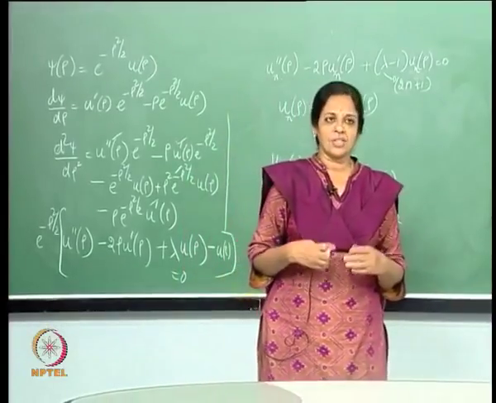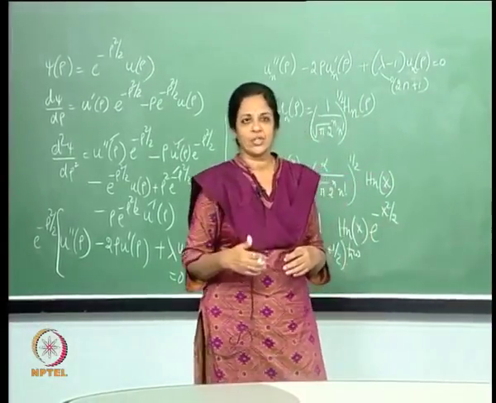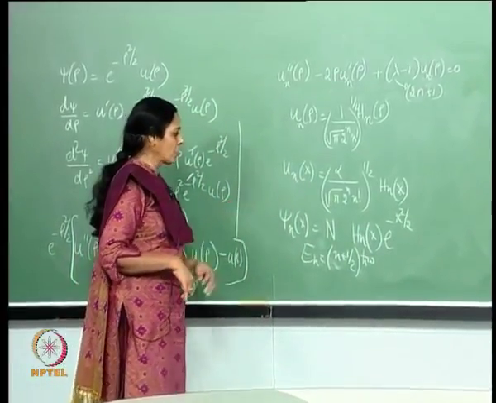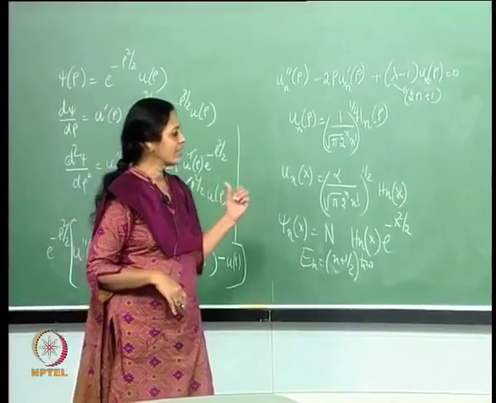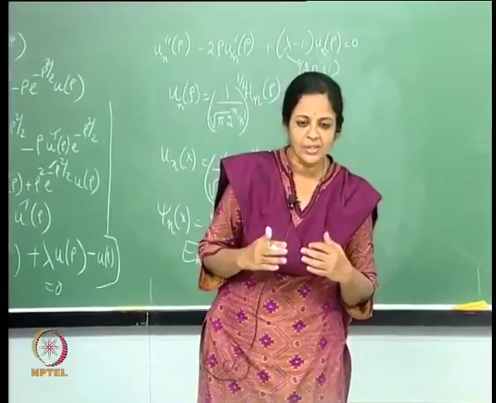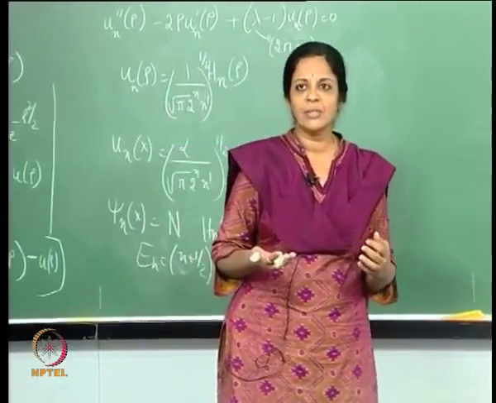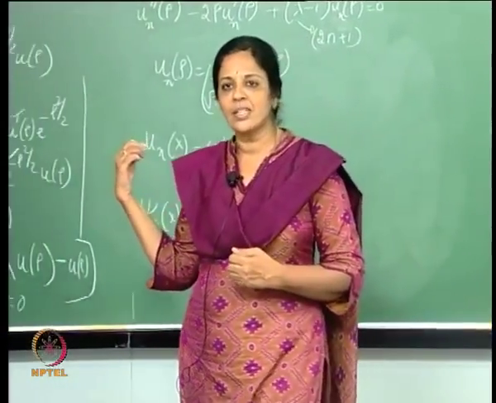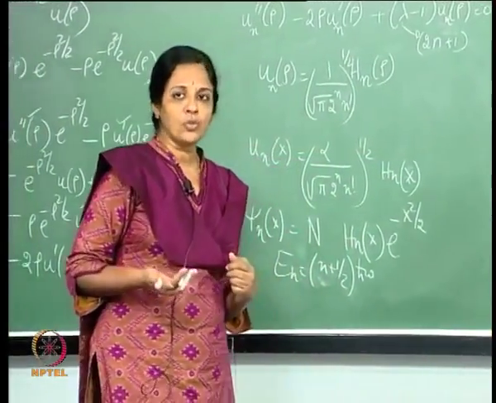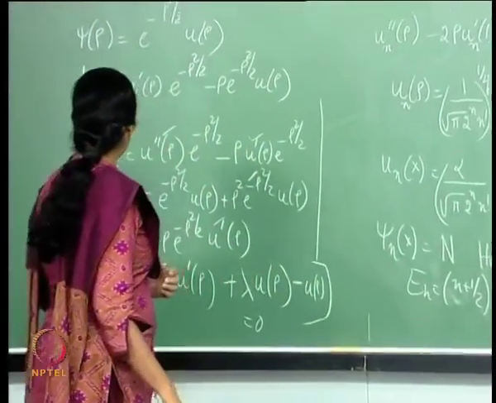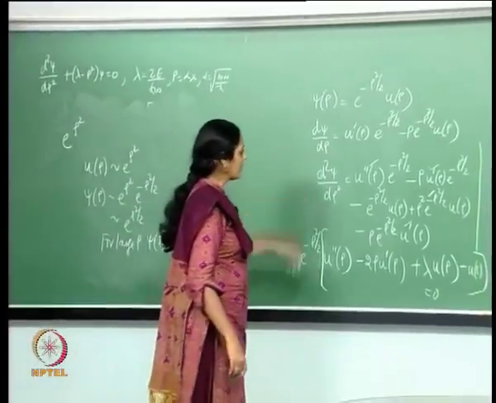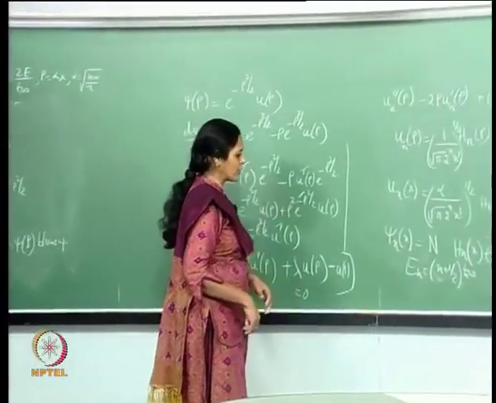Similarly, lambda did not have dimensions because lambda was 2E by h cross omega. So we will do that always, and that, as I said, connects up with the abstract operator method because we wrote that in terms of A's and A daggers, which were dimensionless objects. In fact, I had explicitly illustrated that A on ket 0 equal to 0 really turned out to be the differential equation with lambda set equal to 1 here in the case of the position representation.